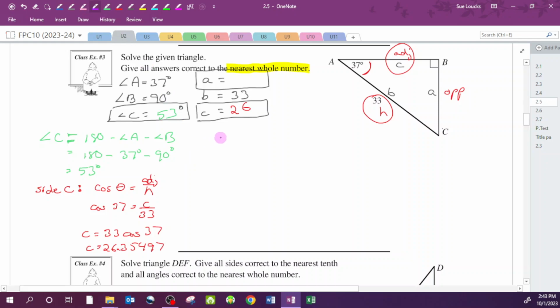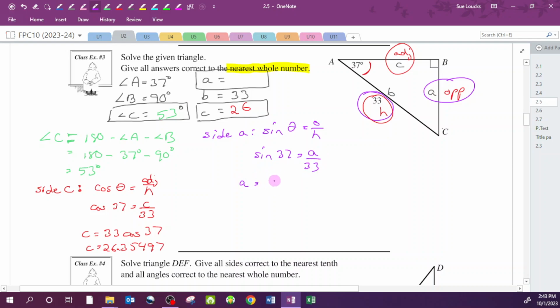Then the next thing I'm going to calculate is side A, because that's the only thing I'm missing. For side A, I'm going to circle these again. I've got opposite over hypotenuse, so that's going to be sine. So sine theta is opposite over hypotenuse. So sine 37 is A over 33.